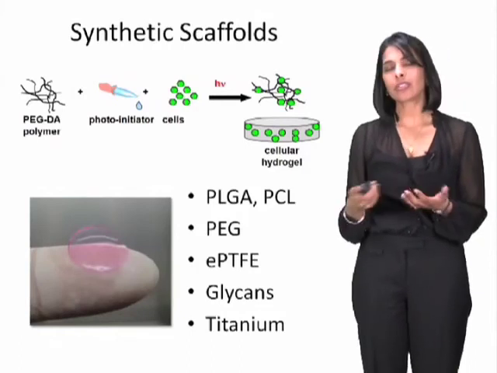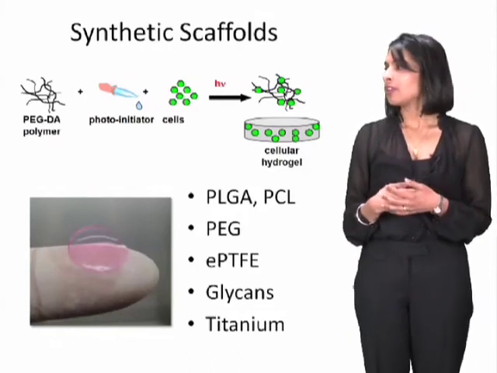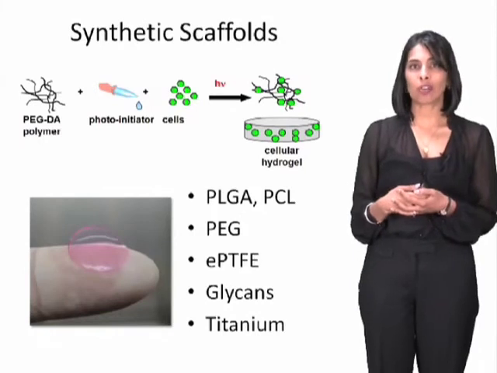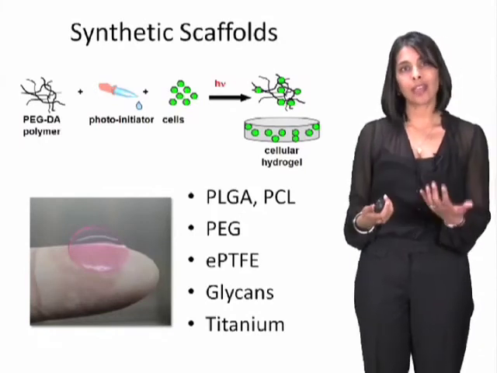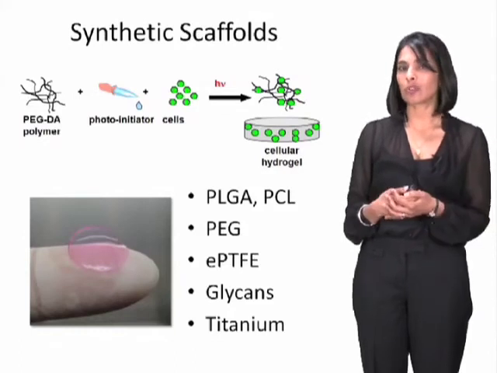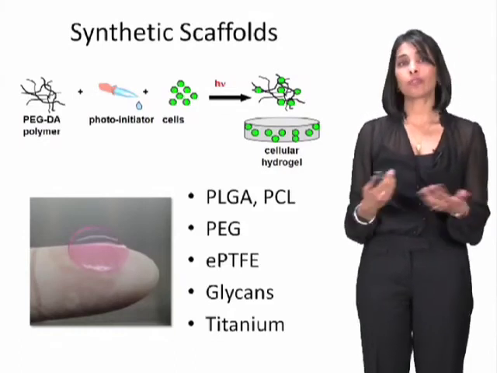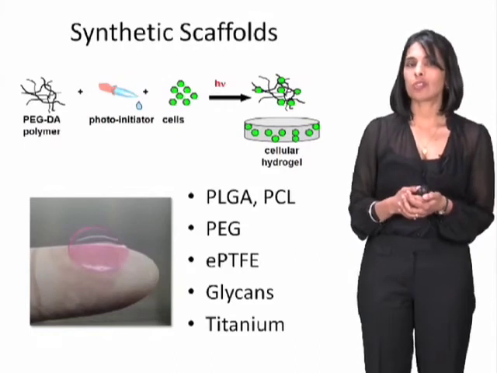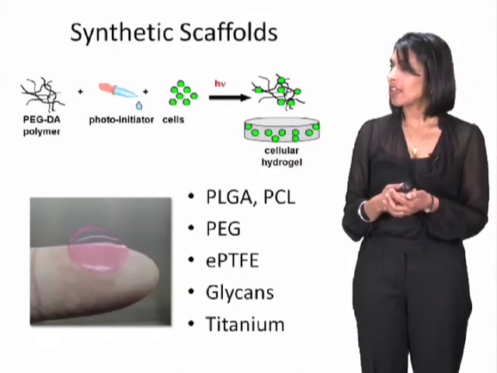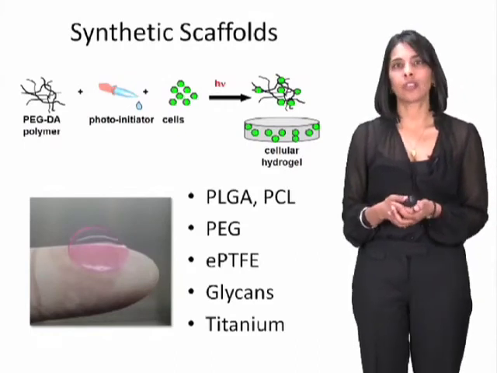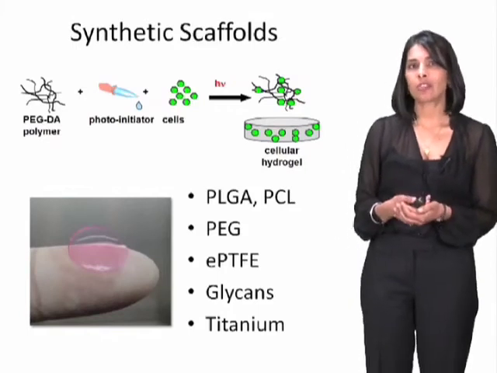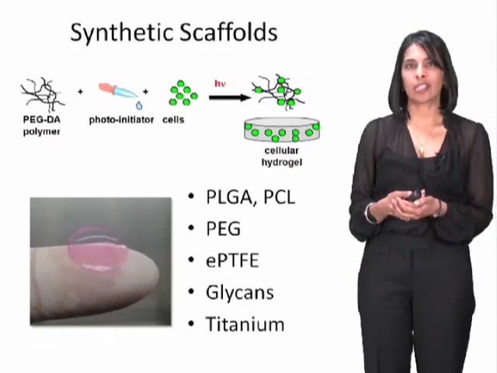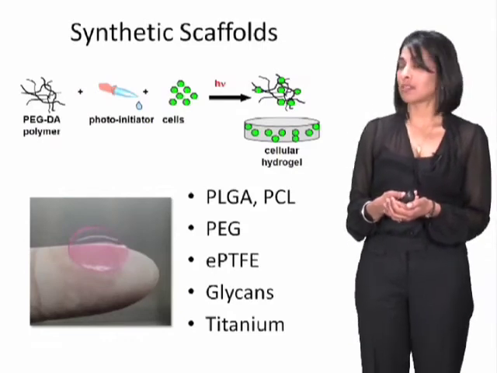They can be inert, like polyethylene glycol. You can modify their chemistry to interact specifically with cells. For example, one can put in peptides that would bind to cellular receptors like integrins. They can have different mechanical properties, which we know is important for some cell types, and then they can have different mechanisms of degradation. So they don't all degrade just by interactions with water. Some of them can degrade in very specific ways, for example, by interacting with enzymes that the cells are making.